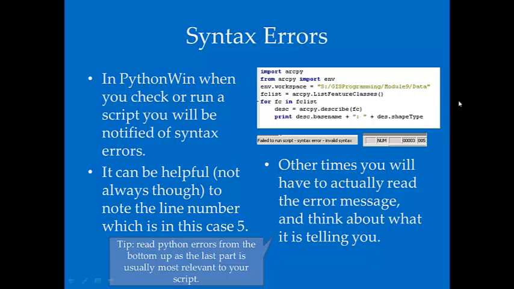In this case, you can see there's a colon missing after SC list. It can be helpful to note this line number, but other times the line number is not necessarily indicative of where the error is occurring, and you will have to read the error message to think about what the interpreter is telling you is going on with the error.